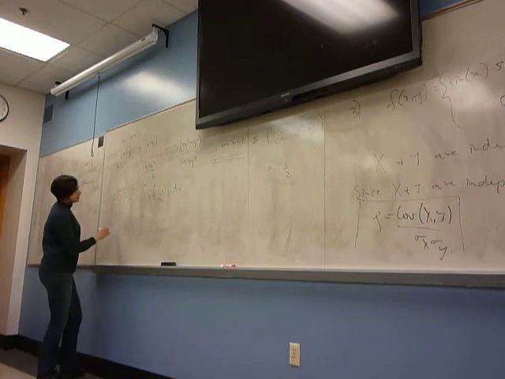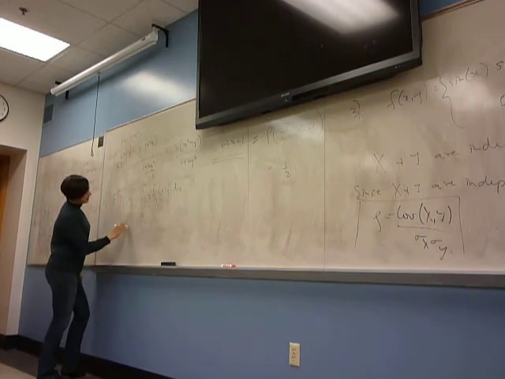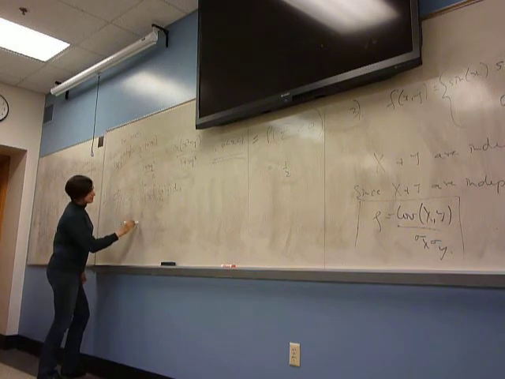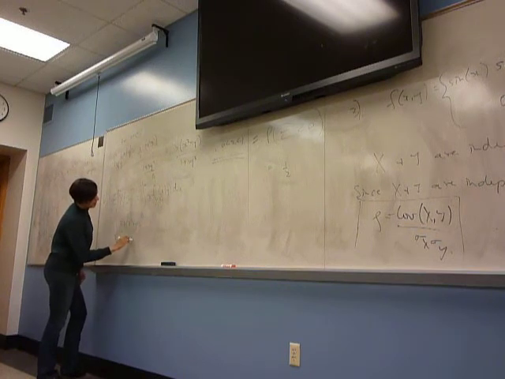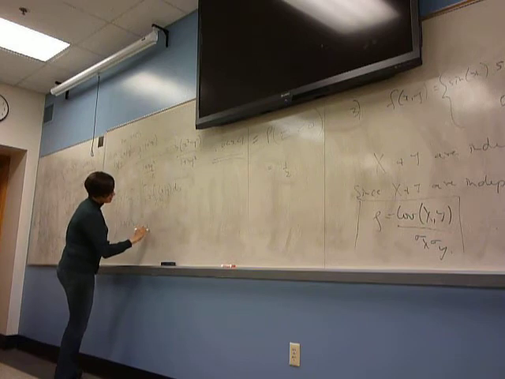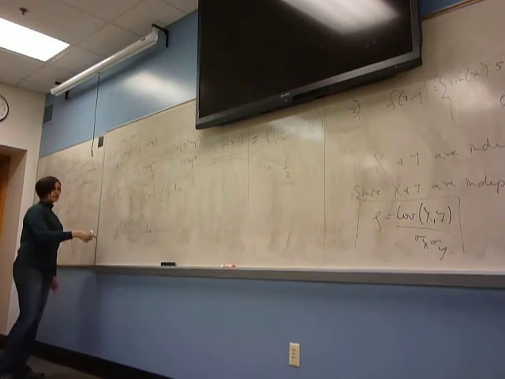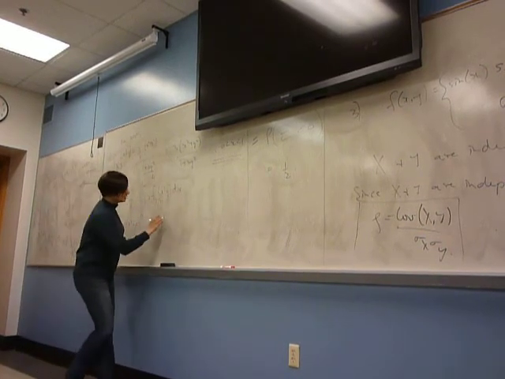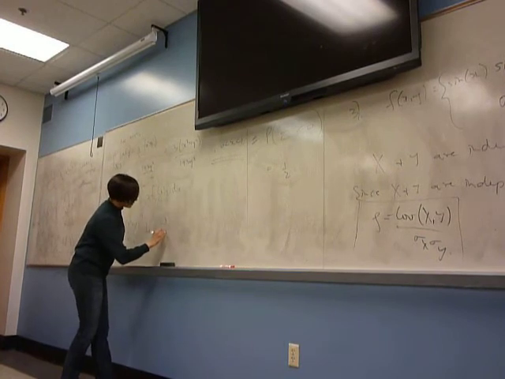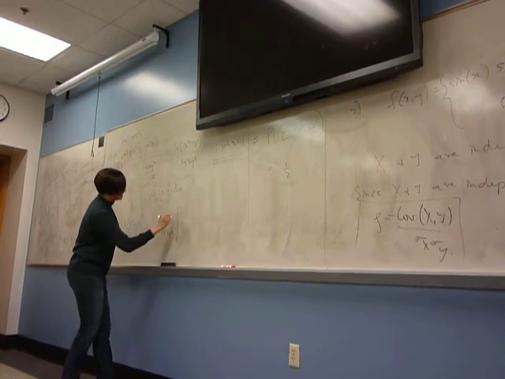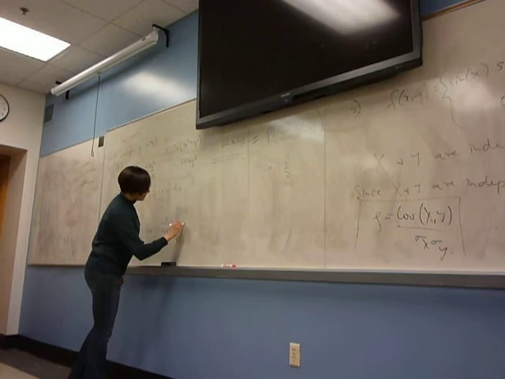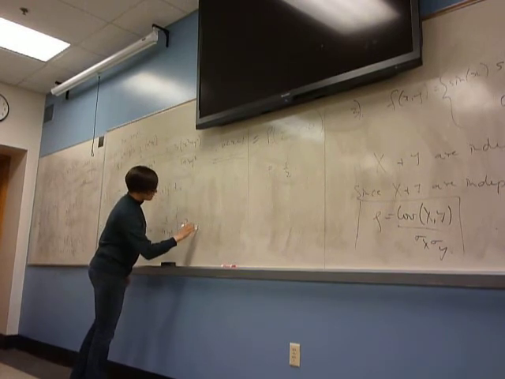It's going to be the integral from 0 to 1 of x times 3 times x squared plus y squared over 1 plus 3y squared dx. As you integrate with respect to x, your y is treated as a constant, so I can pull this 3 over 1 plus 3y squared out. So I have x cubed plus x y squared.